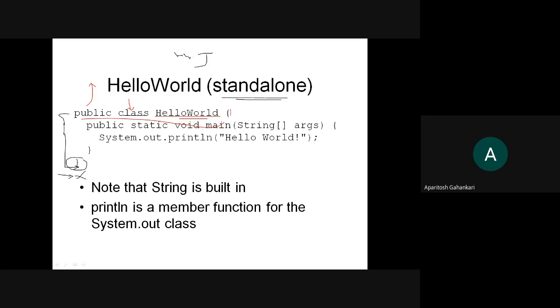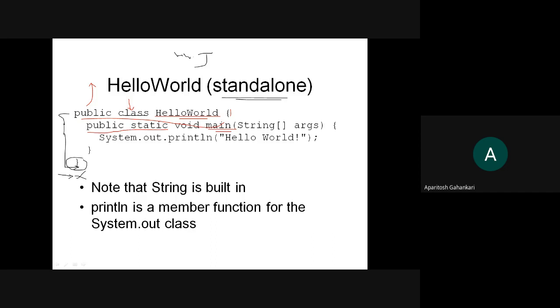Then an opening curly brace, and then you are writing a method which is by default available in Java, called public static void main. It is the main method. That means it is the starting point of execution of any Java program, but it has another set of modifiers.